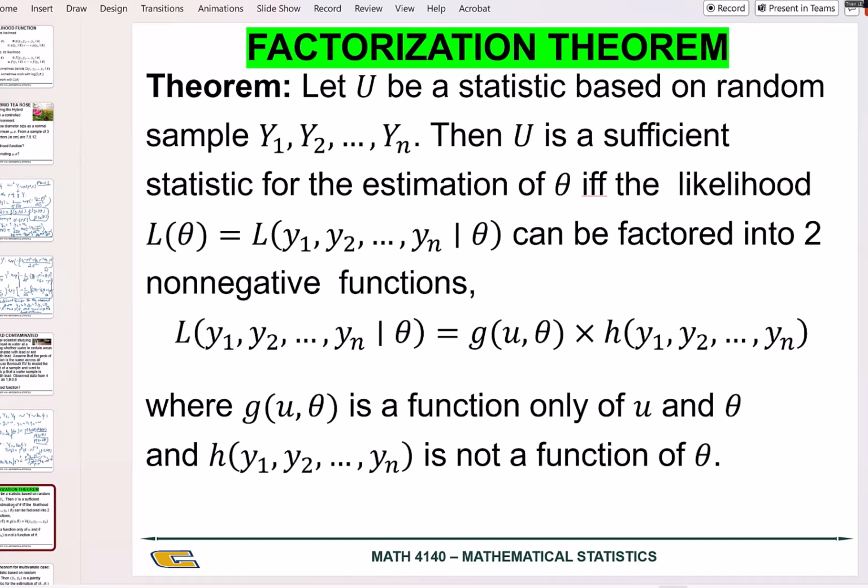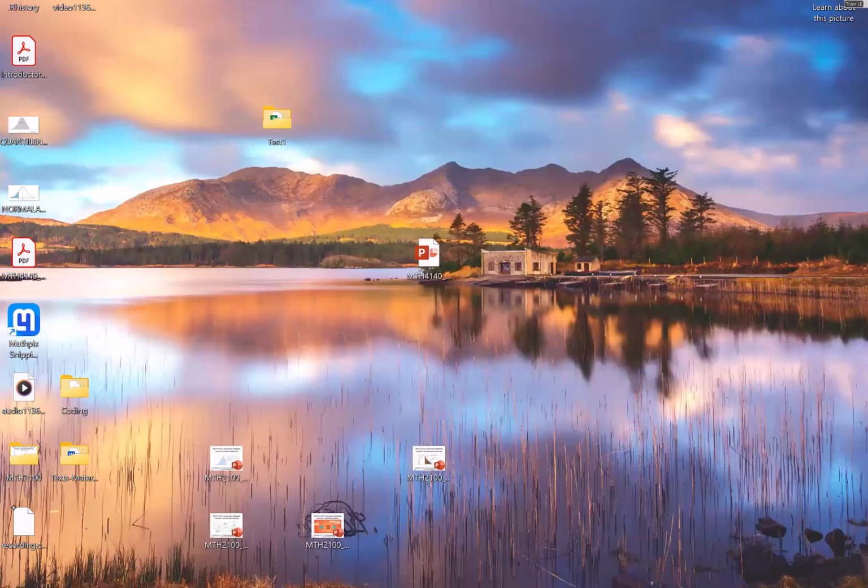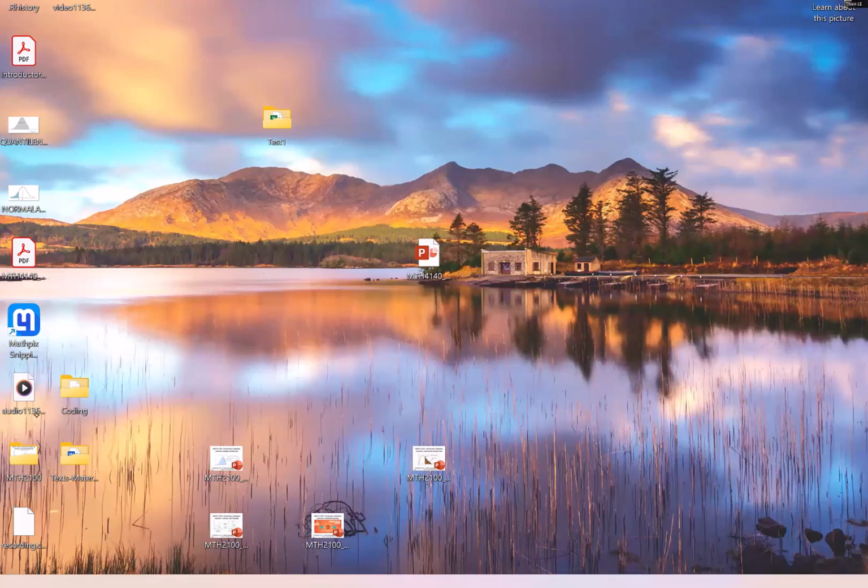Which is the original definition, basically that the distribution of y1 to yn given U does not depend on theta, right? But this is an important tool for you to find sufficient statistics, if you can factorize in this fashion.